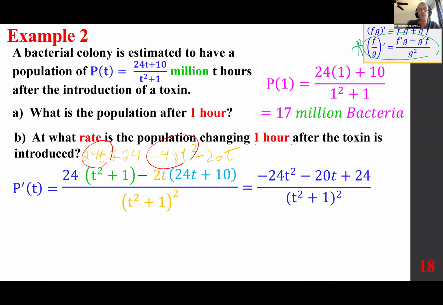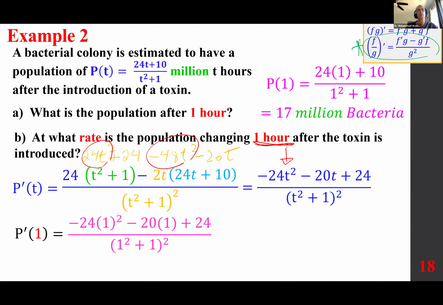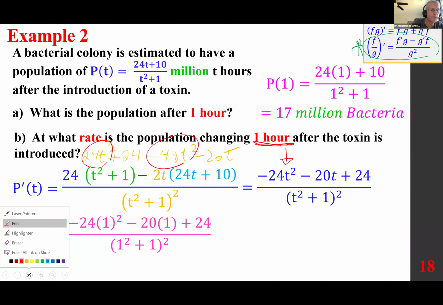And for 1 hour, we are going to plug in. So negative 24 times 1 squared minus 20 times 1 plus 24, over 1 squared plus 1, quantity squared. Plug in. This is 1.